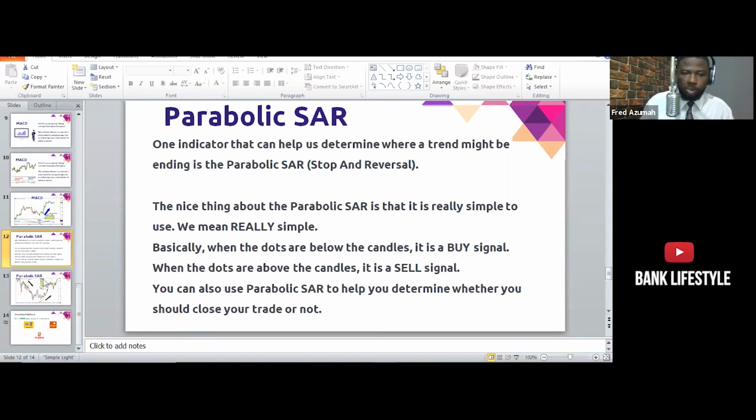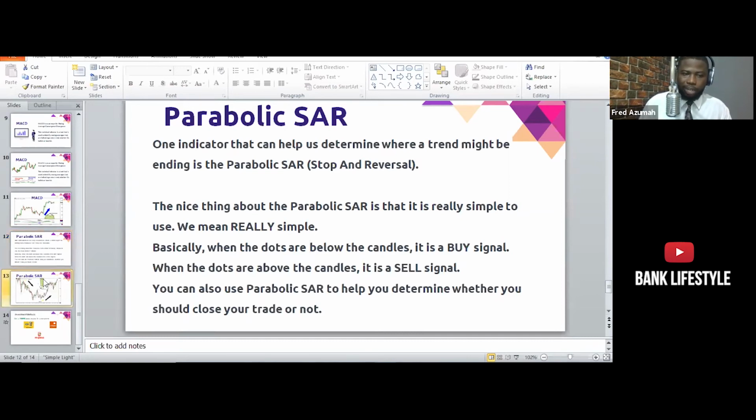So what does the parabolic do in the market? It gives you the view to know whether there's going to be a reversal or a trend is going to stop. That's what the parabolic does for you in the market.